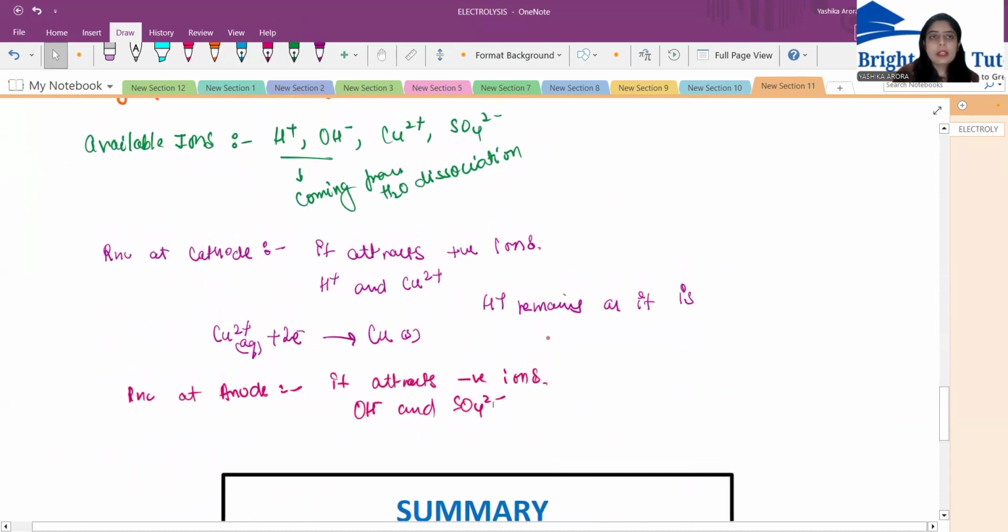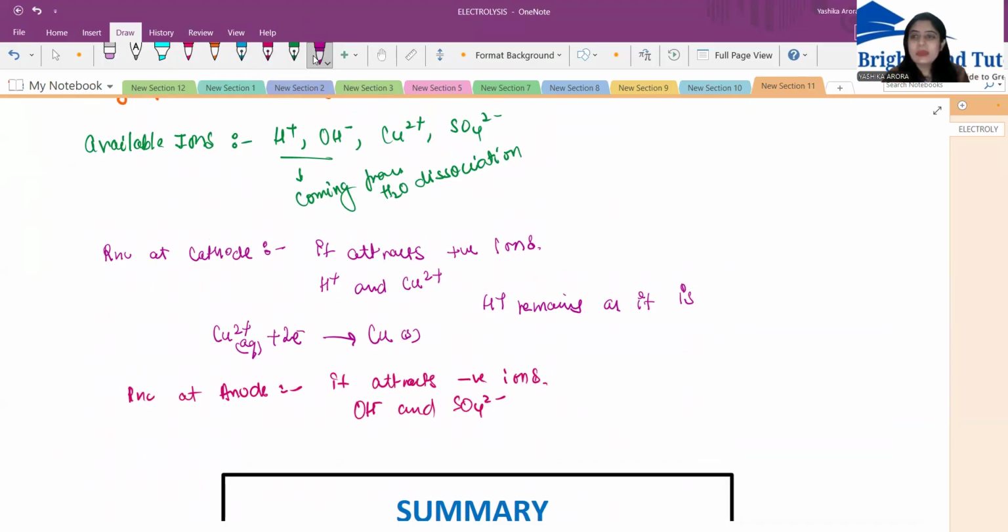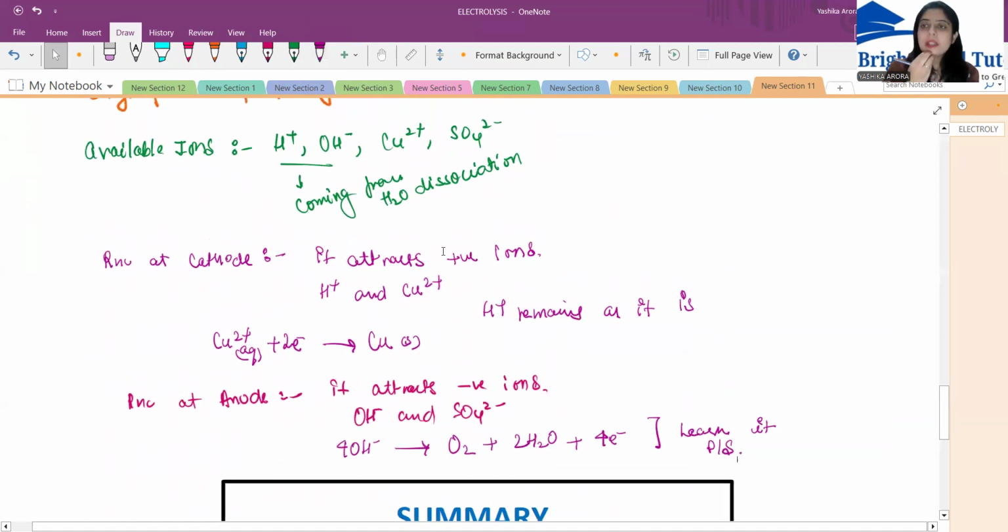So what's going to happen here? For this part you have to actually learn the OH oxidation part, because it's quite hard. 4 OH minus changes to O2 plus 2 water plus 4 electrons. Try to learn it, please. I hope it works for you guys. Try to note it down.